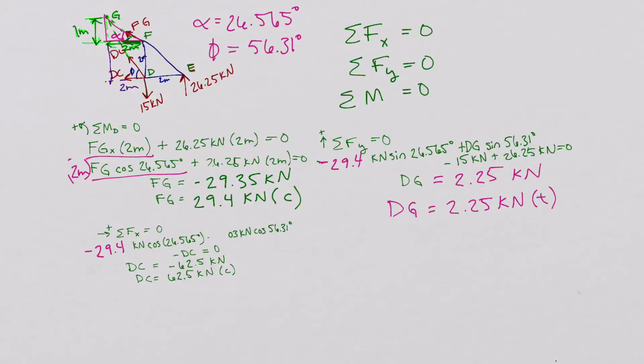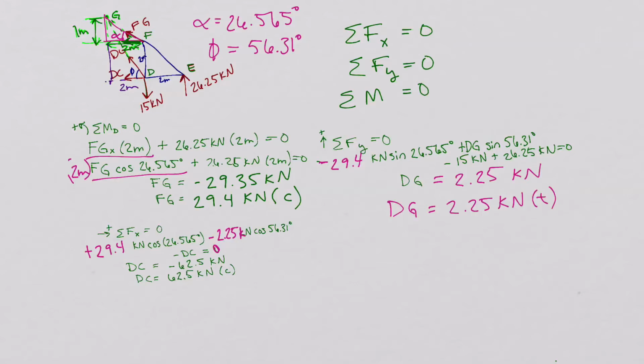So DG was right here. Let's see if I can write it in here. So that's minus 2.25 kilonewtons times cosine of 56.31 minus DC equals 0. So I'm going to pause again. Alright, so the FG is actually negative, and then the component is actually negative, so that turns that into positive.